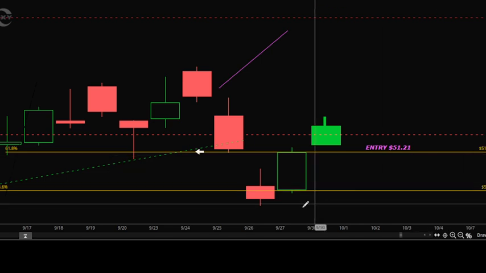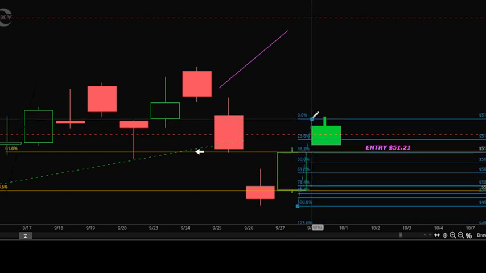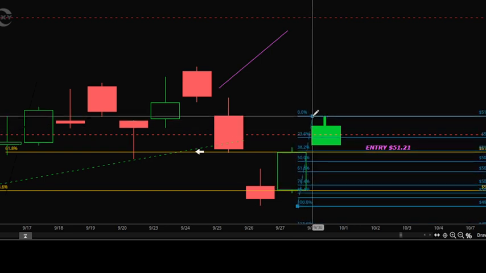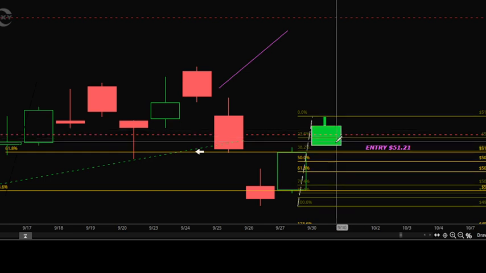This one's going to be a little tricky, so there may not be a tradable setup tomorrow, to be honest. I mean, you're going to have to catch it quick. If you miss your entry, you're going to have to get out quick, I think.